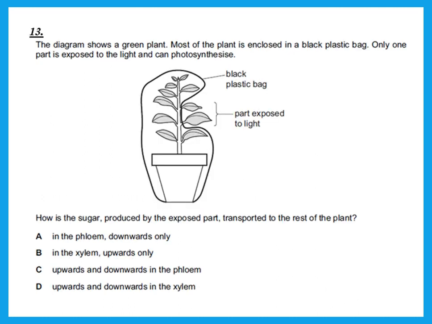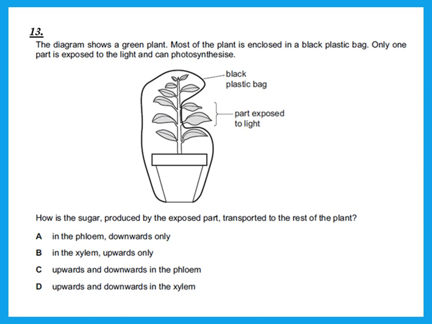The diagram shows a green plant. Most of the plant is enclosed in a black plastic bag. Only one part is exposed to the light and can photosynthesize. How is the sugar produced by the exposed part transported to the rest of the plant? So we have a leaf that is exposed to light. It did photosynthesis, so it made sugar.